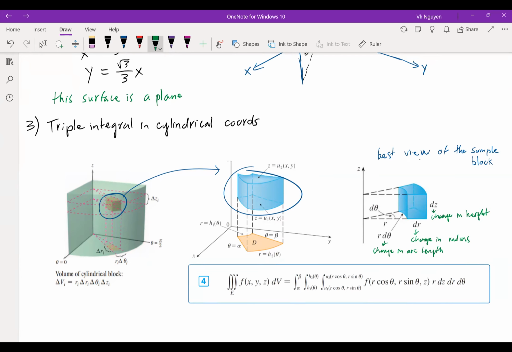So as you can see, that is why the dV here is the base area times height. See, dV is base area times height. Base area is r dr d theta.